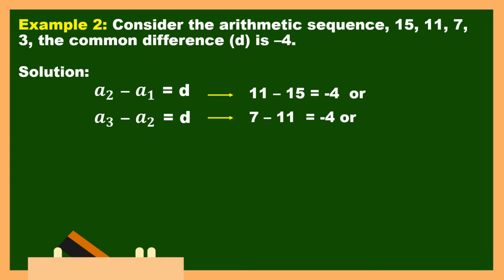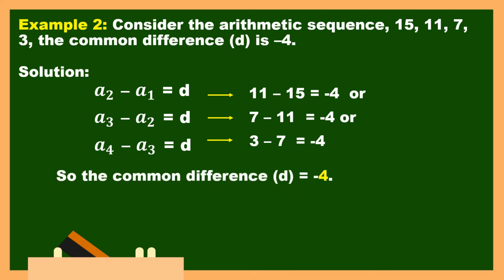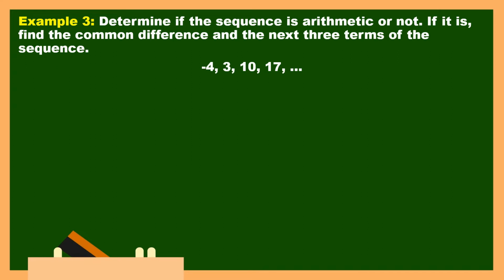And lastly, we will subtract the third term from the fourth term. Ang ating fourth term dito ay 3 at ang third term ay 7. So, 3 minus 7 equals negative 4. So, the common difference is equal to negative 4. Another example, determine if the sequence is arithmetic or not.